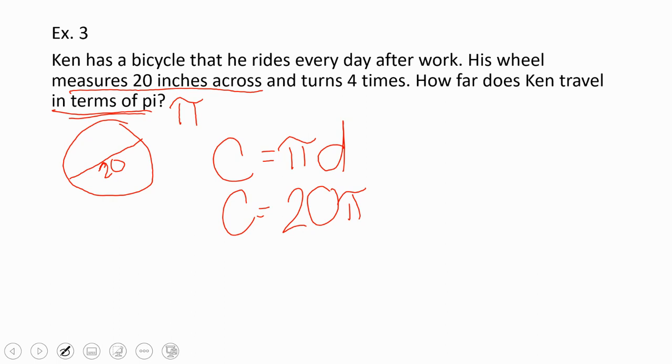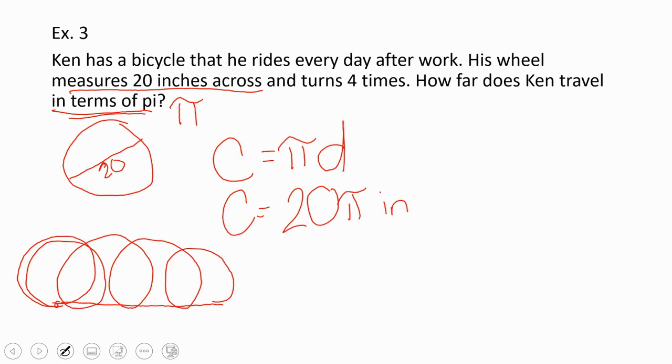Now, if his circumference is 20 pi inches, and we want to know how far he travels, so if that wheel is right here on the ground, and he rides that bike, do you see that as the bike turns, the whole distance around the tire is going to be one turn.